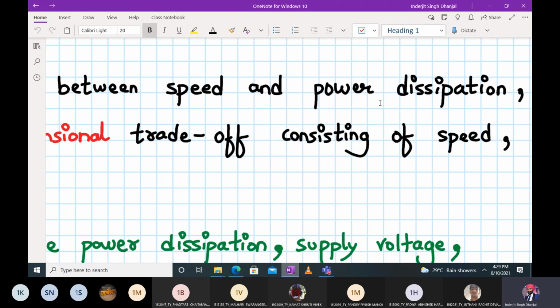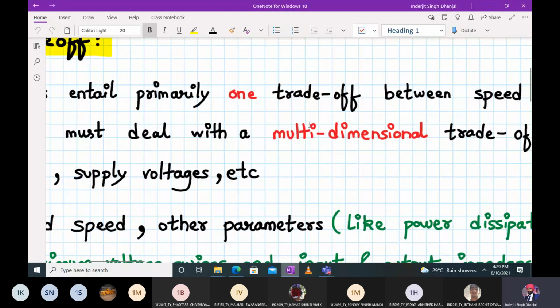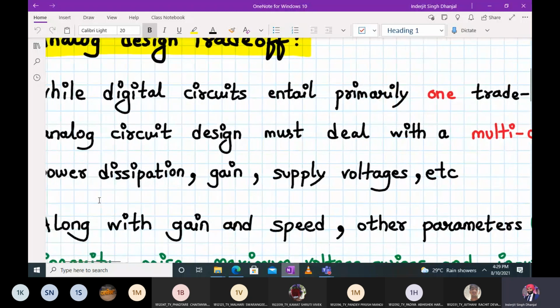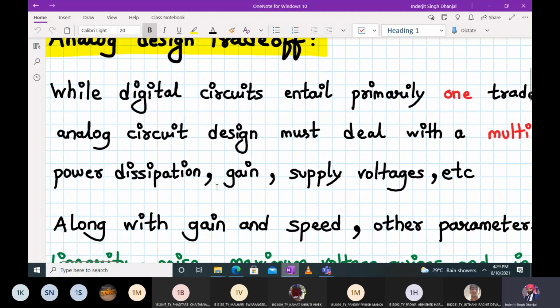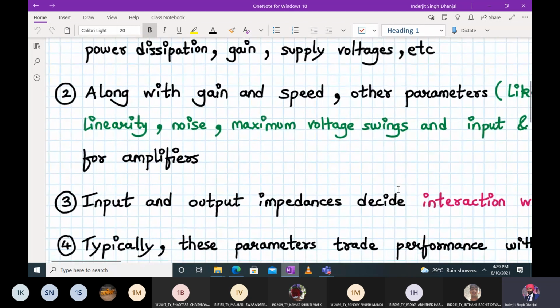But in analog circuits, the design must deal with a multi-dimensional trade-off, which may consist of speed, power dissipation, gain, supply voltages, etc. Along with gain, parameters like power dissipation, supply voltage, and linearity are important for amplifiers also.